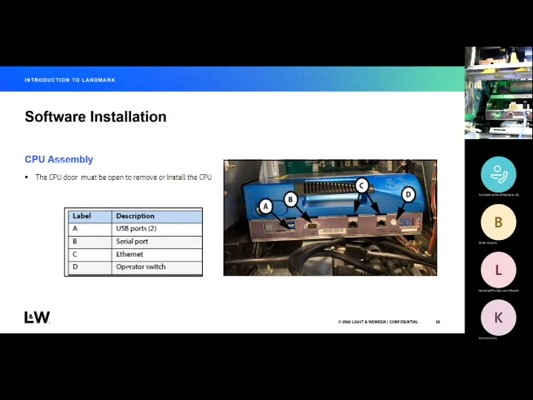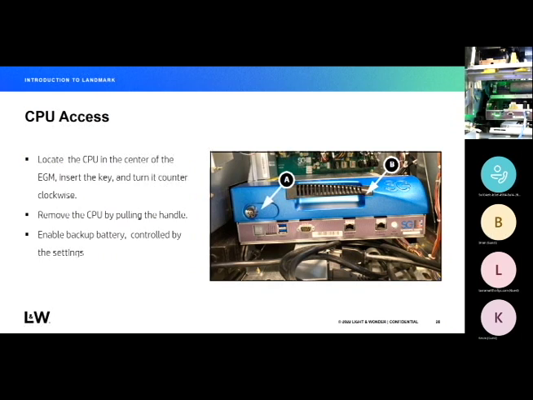They can use that DB9 or serial port to do that. We have two active Ethernet ports, and we've also added the operator switch or the test button at the front of the CPU that allows you to get into the operator's menu.